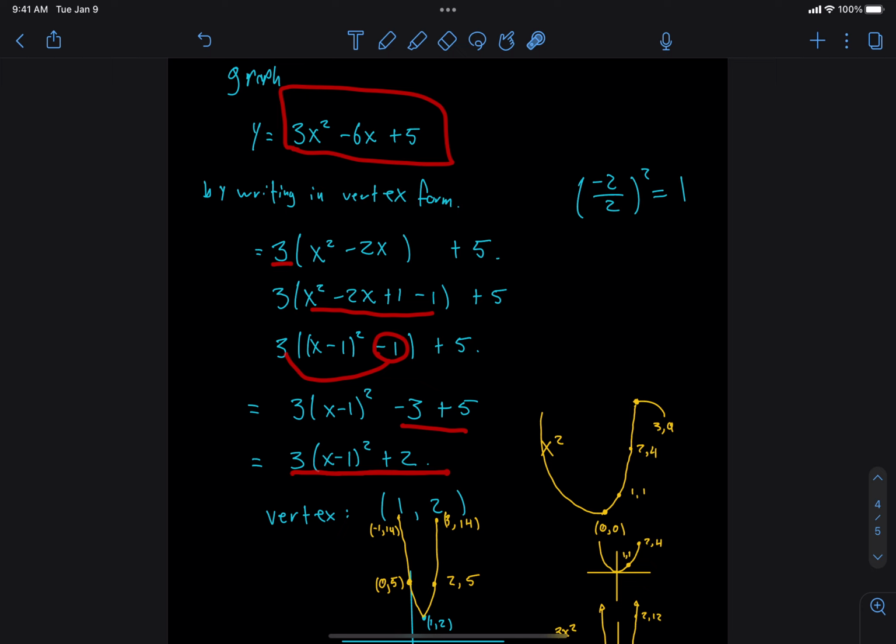So the whole game here is to take a formula or a function which is in general form and transform it into vertex form. Once we have it in vertex form, we can graph it by using the theory which we learned in section 1.7 about transformations of functions. So we learned our celebrity functions, and we learned the general shape of them, right?